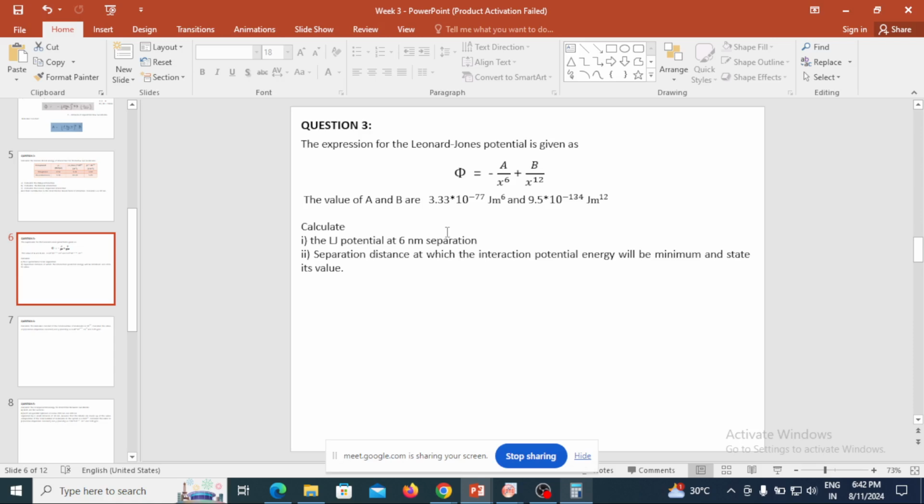So if you see the first question, that's very simple. It's straightforward substitution. You have a, you have x, you just need to substitute that value and get the value of phi. But how do you do the second one?